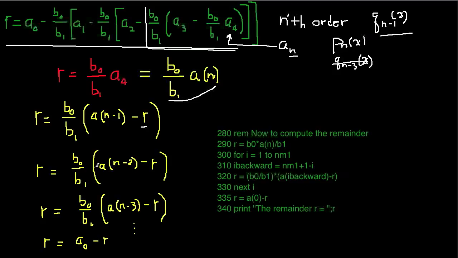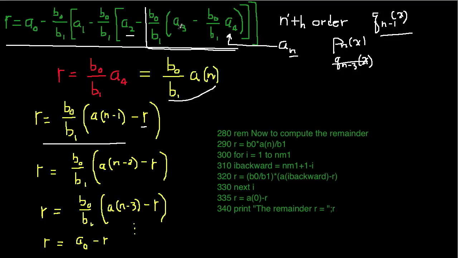Then my next estimate for r is exactly the same form. Here I take b0 divided by b1 times a n minus 2, minus this whole term, which was the estimate for r that I just calculated right here.